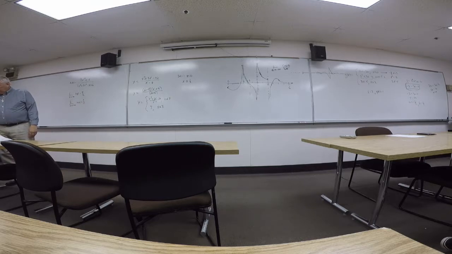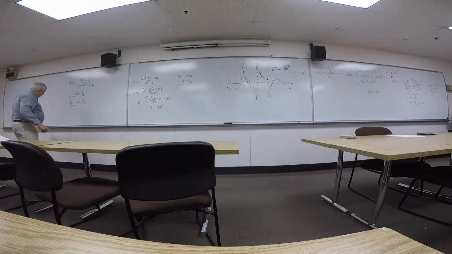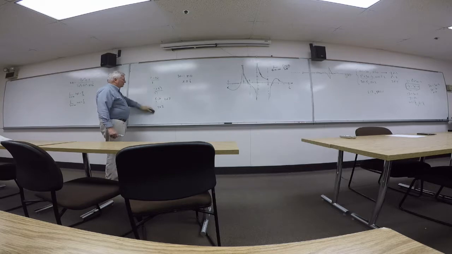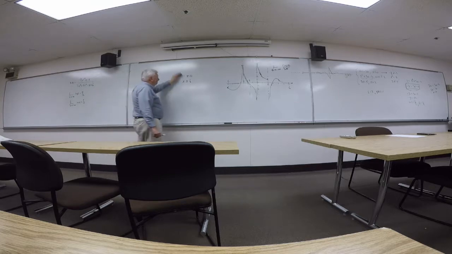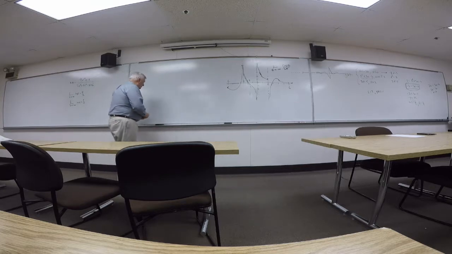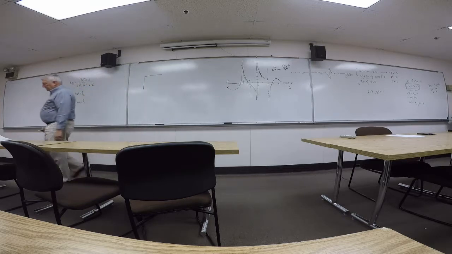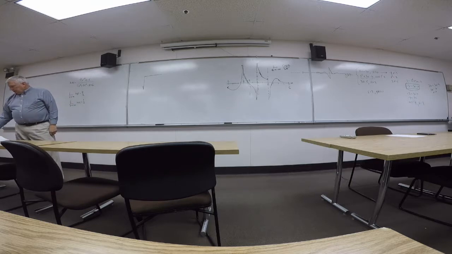Number 26. The limit as x increases without bound of the square root of x squared minus 5x over x cubed plus x minus 2. Is that what it said? Number 26.